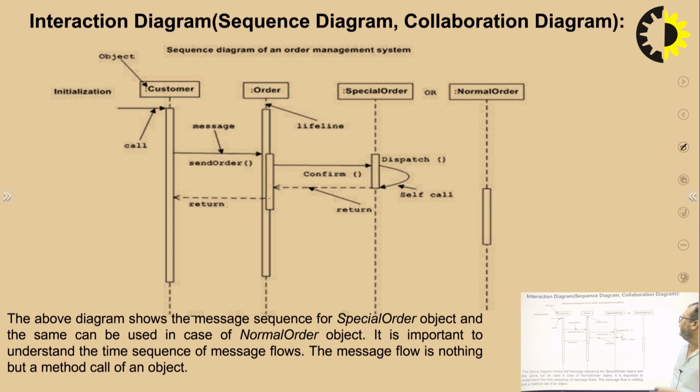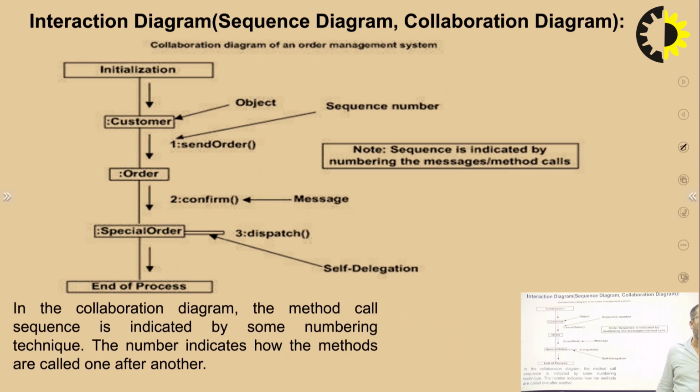This is the representation way: we identify all those functionality in a rectangle, and this shows the sequence. In a collaboration diagram, we are required to put things in order: what is first, what is second, what is third and what is last. Even for the customer order management system, the first step is initialization.